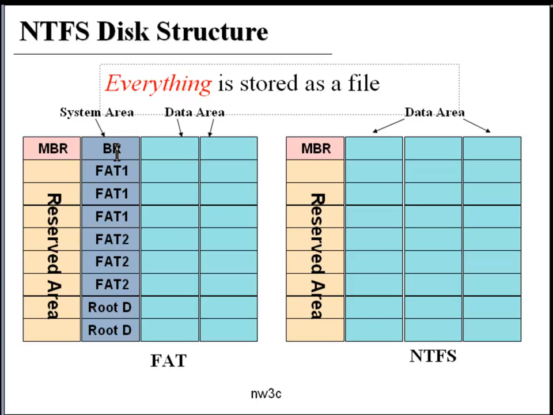And then under the system area, you have the 2 FATs right here, and then the root directory area. And this is all system area, and that's reserved for the system. And then you have the data area. Notice under here, everything is pure data area, including all the housekeeping files that are used to keep track of everything that's going on with a file system. And there's quite a few files that are actually a part of that.